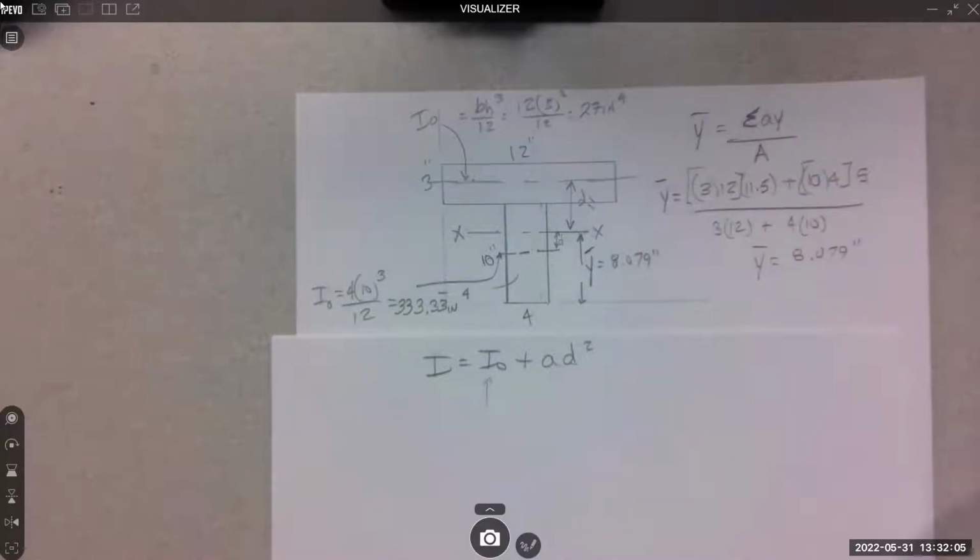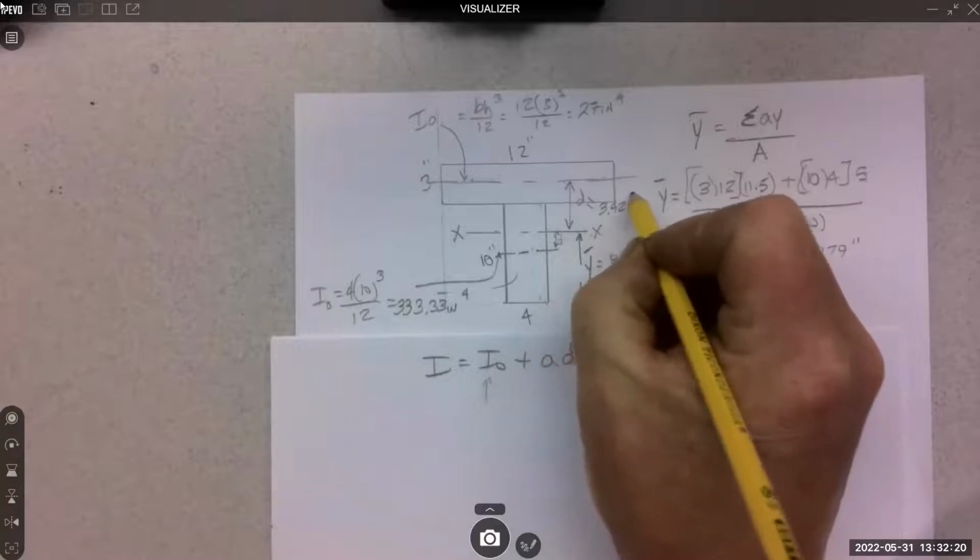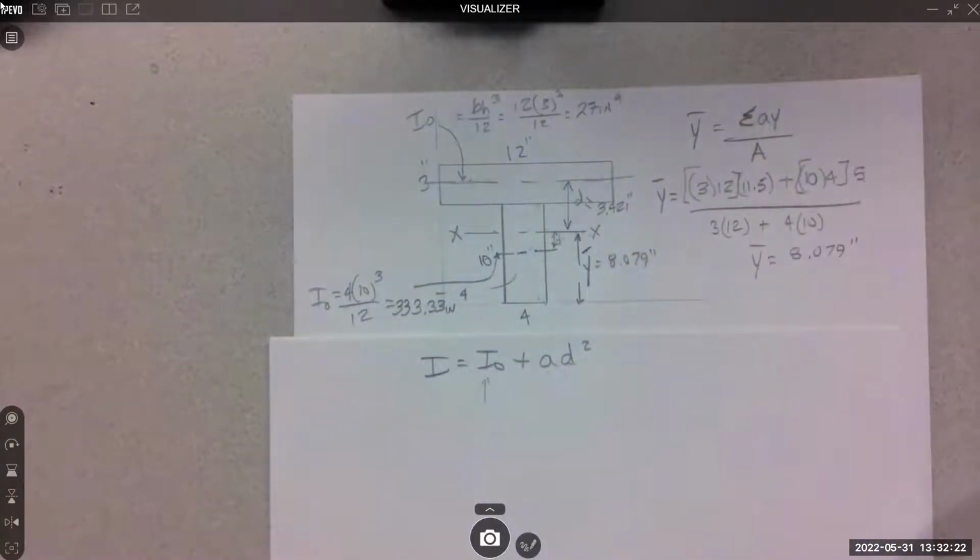And I'll just write them in position if I can write small enough. 3.421 here, and that's inches, the transfer distance.